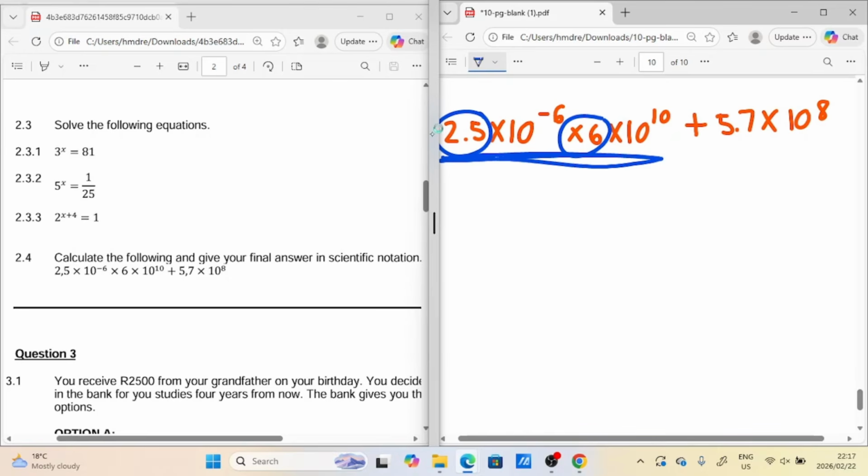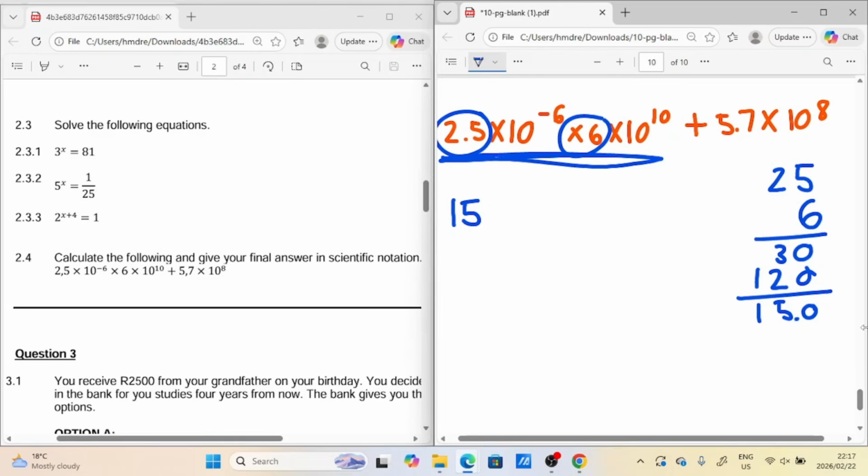Okay, so that's going to be 15. If you need to, you can just work it out like 2.5 times 6. 6 times 5 is 30. 6 times 2 is 12. So this is going to be 15. Okay, so that's how we work that one out. So we get that part is 15.